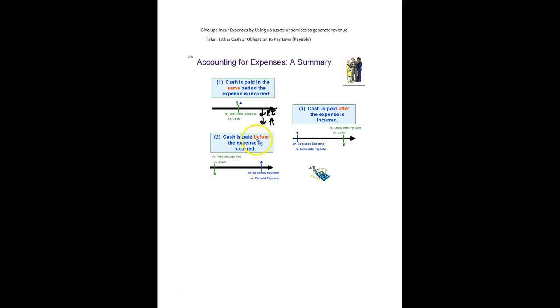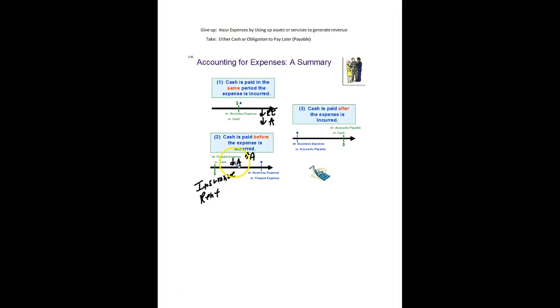Or it could be that we pay the expense in advance. So cash is given up in exchange for usually a prepaid expense, that's usually insurance or rent. So insurance or rent are the two common costs that are prepaid.